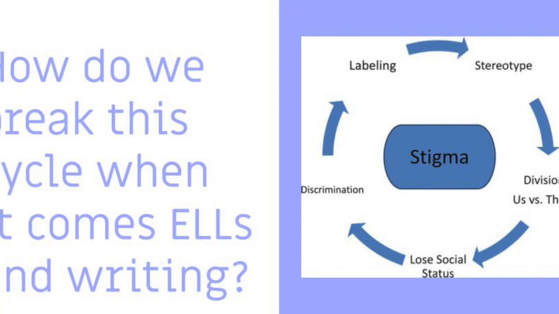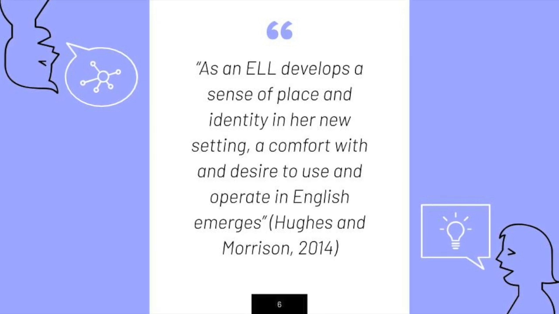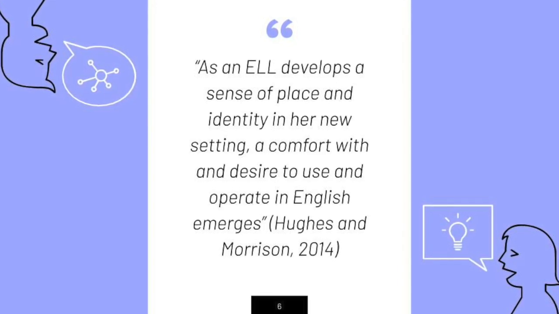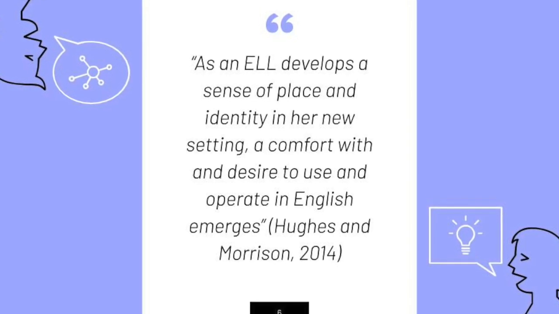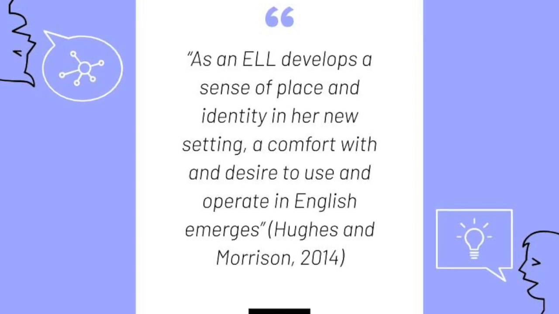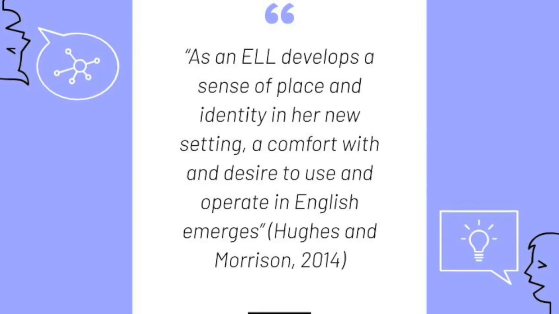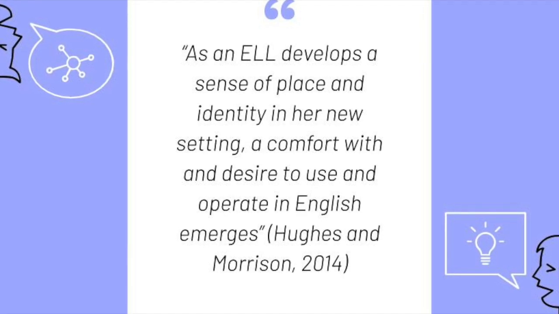And so there are some ways that this study and this article kind of addresses how we can get to that. A quote that jumped out at me regarding kind of this idea of an English language learner developing an identity is as follows. As an ELL develops a sense of place and identity in her new setting, a comfort with and desire to use and operate in English emerges.